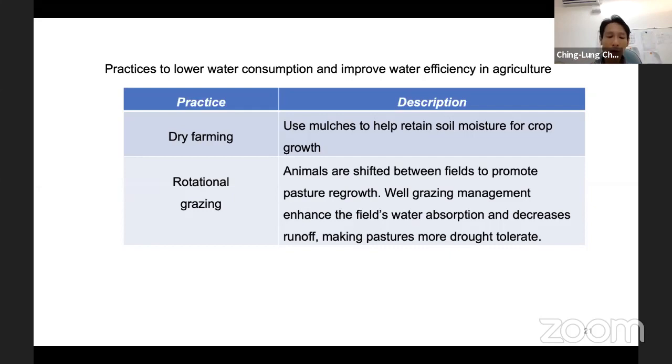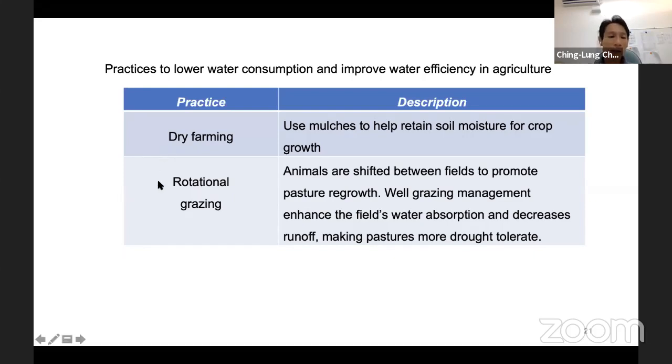They will cover this small piece of wood nearby the tree. So this is called mulch, and this mulch can retain the moisture, so it won't make the tree dry out.